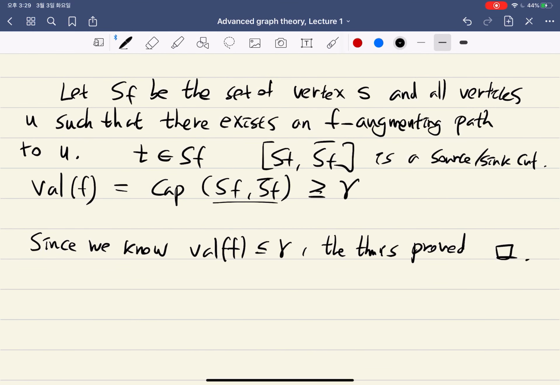So next time we will learn about some algorithms to find the maximum flow.